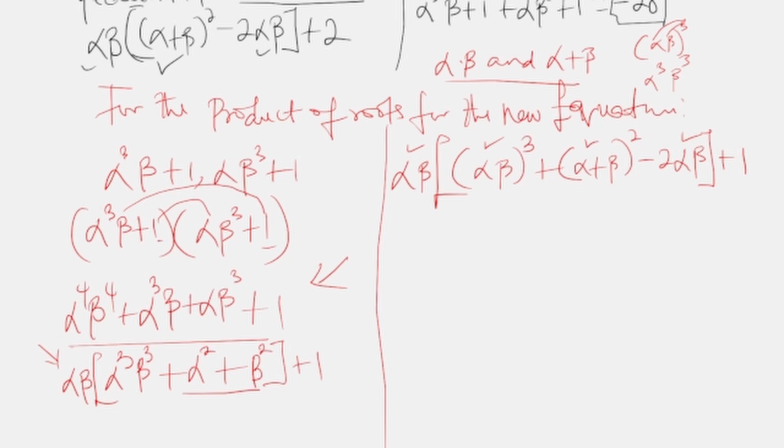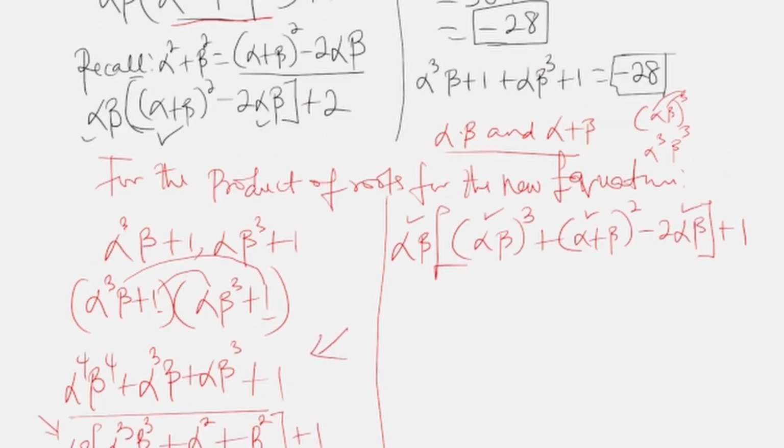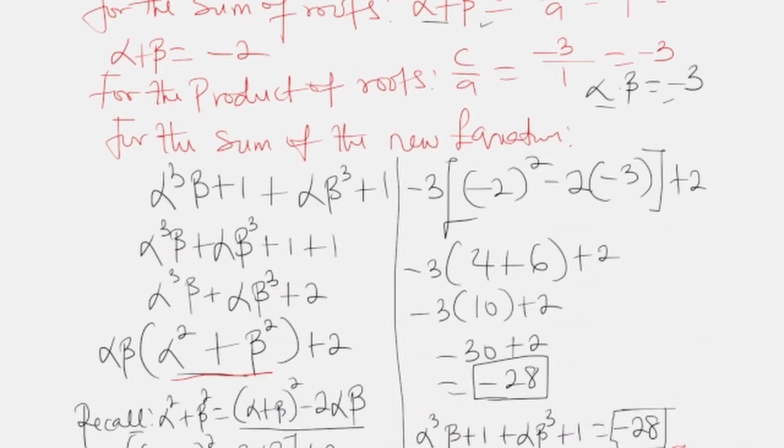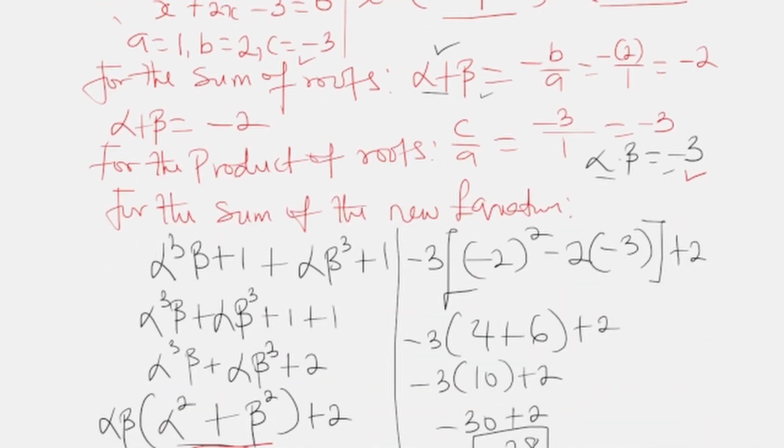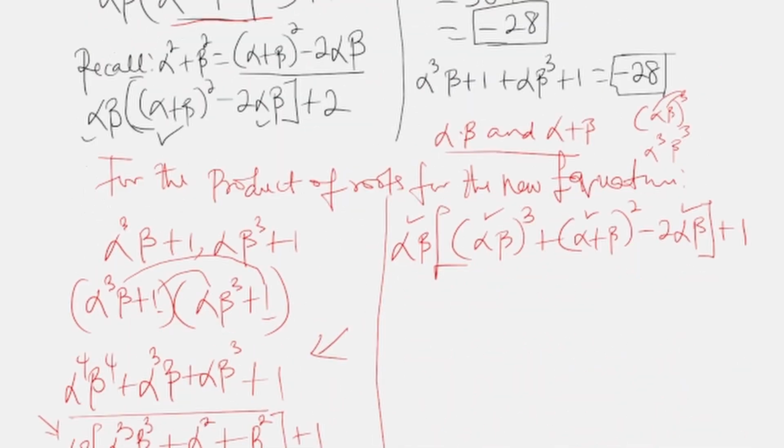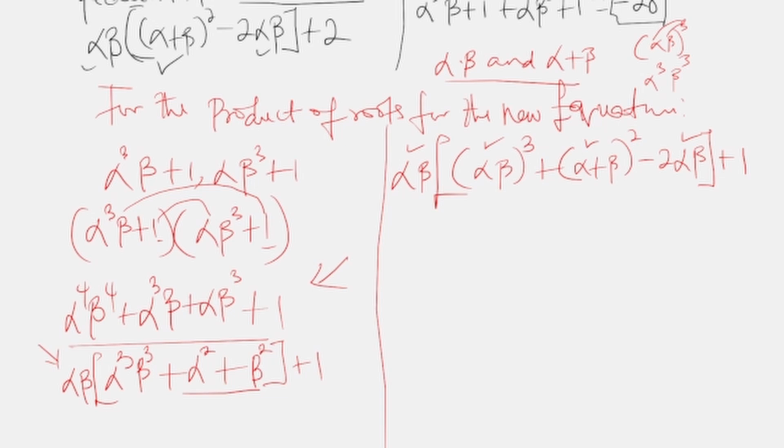Okay. Now let's continue. What did we have? What did we get as our product? We got -3 as our product, and we also got -2 as our sum. So wherever we see the product, we're going to put -3. Now let's do just that.